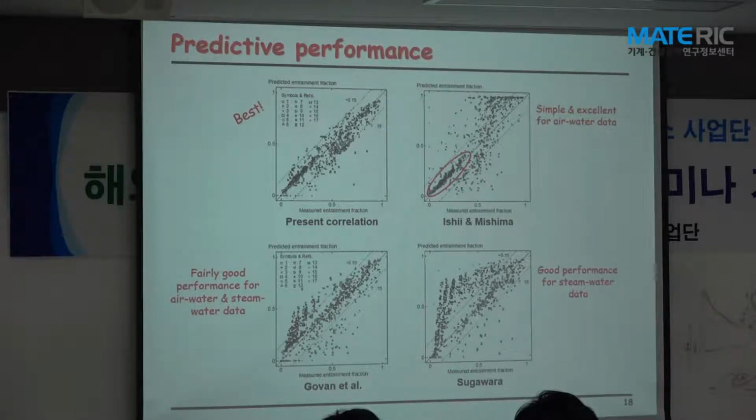But if there is other experimental data from other experimental conditions, I hope the prediction is still reasonably good. The main reason is that the entrainment correlation is based on the concept that shear force is the driving force of entrainment, and surface tension force is the resistance to entrainment.